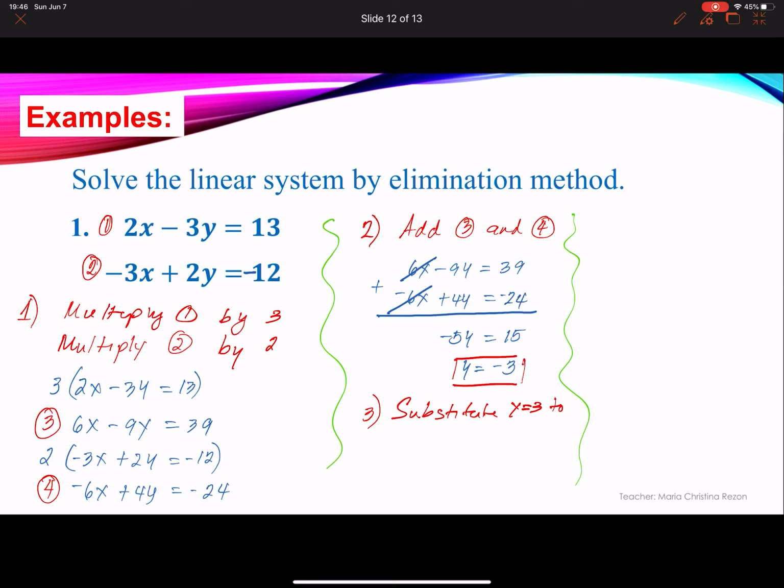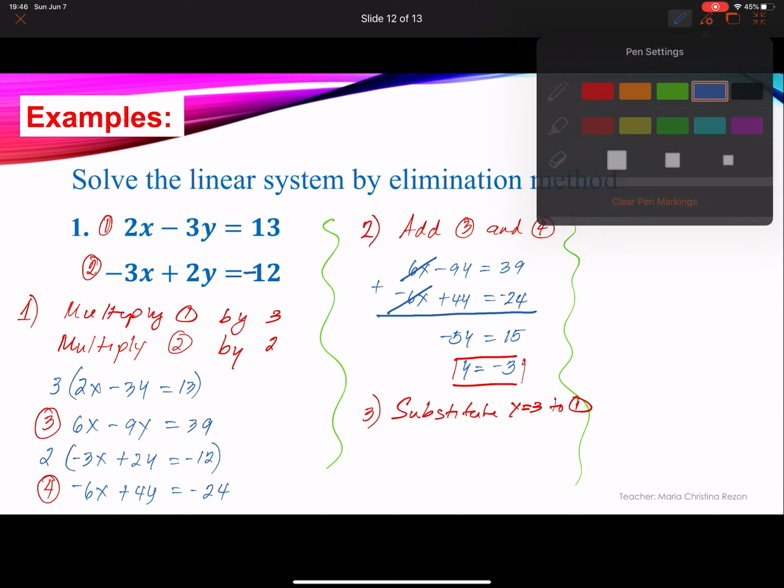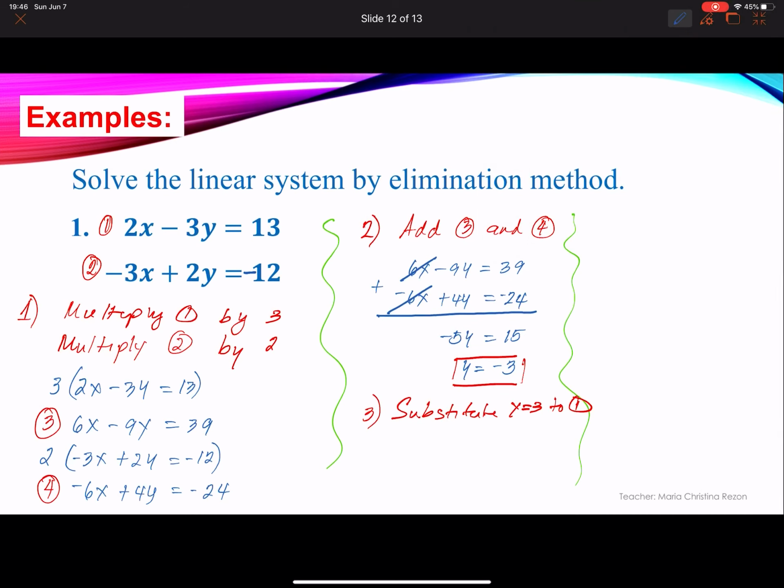So let's use equation 1. What is your equation 1? 2x minus 3y is equal to 13. So 2x minus 3 times negative 3 is equal to 13.